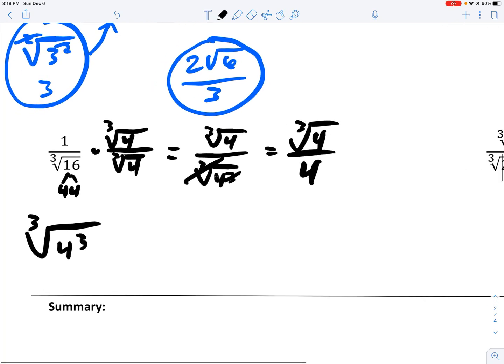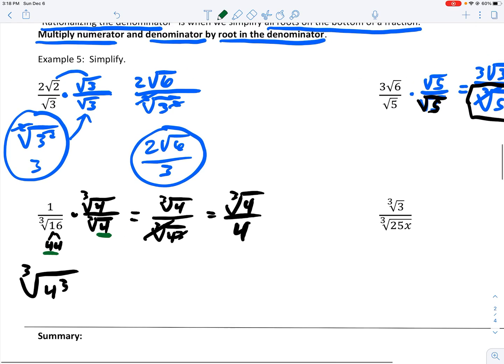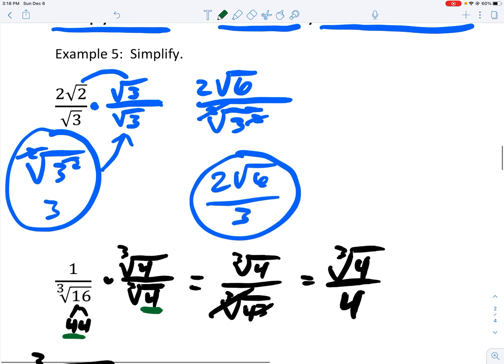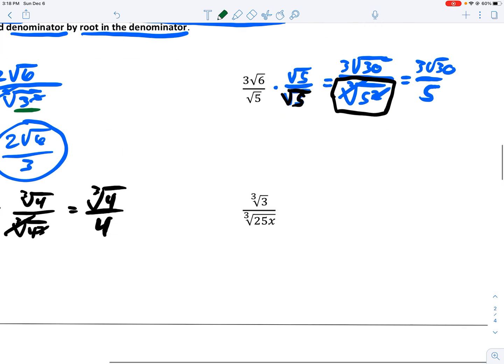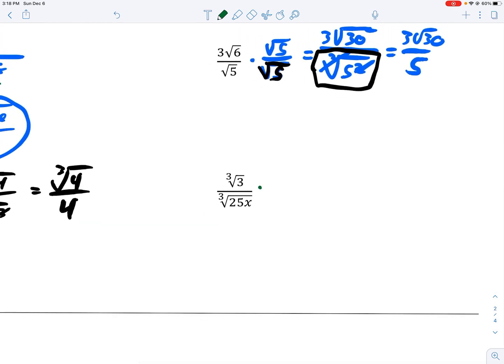So in this case, since it was a cube root, I needed 3 of a kind. The last 2 examples, it was a square root, so I only needed 2 of a kind. So in this example, it's a cube root, so this has to be a cube root, and this has to be a cube root, because that's the only way to multiply.